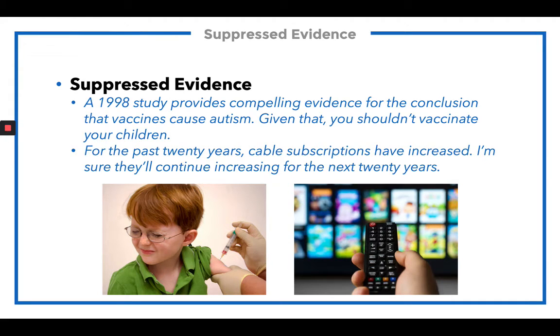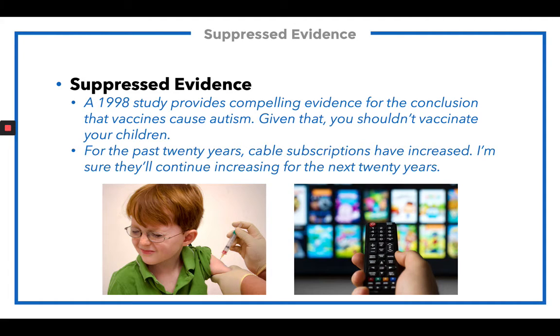Examples in the book often have this kind of feature. There's some important change that has happened that's going to make something that held true in the past not hold true in the future. So this example says, "For the past 20 years, cable subscriptions have increased. I'm sure they'll continue increasing for the next 20 years."